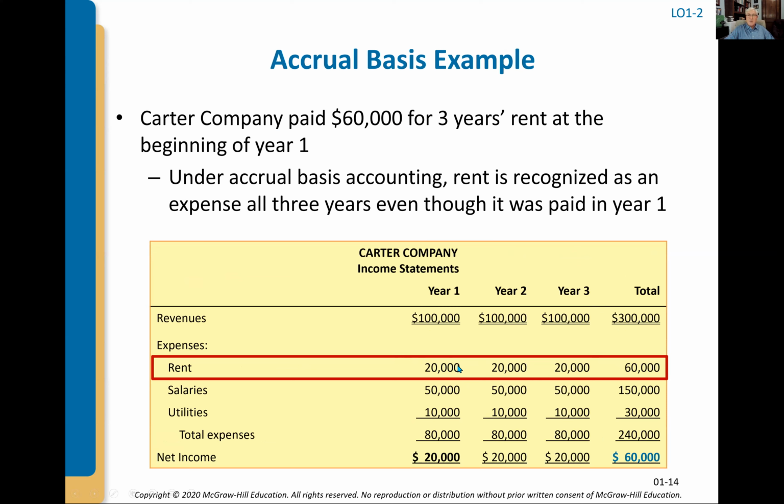And so look at this, 20, 20, 20. Now look at this. It's a very stable business. It's making 20 this year, 20 in year 2, 20 in year 3. But they're probably going to make it in year 4, 20, right? And so this is not a misleading financial statement. I would say this company's not growing. So, it's almost too stable. Why aren't they growing more than just generating the same?